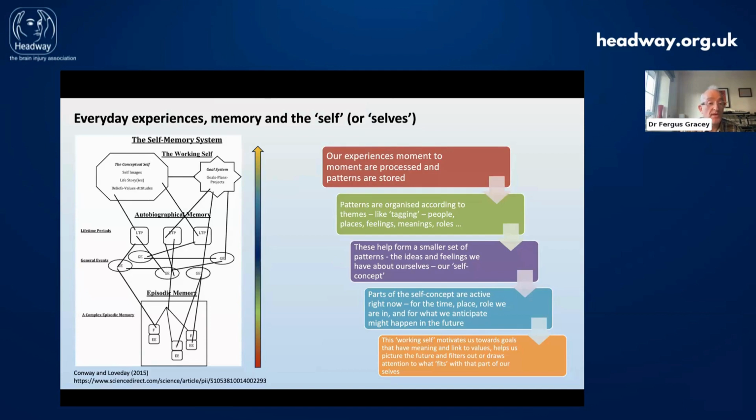His model, and others like it, basically say that the self comes from our autobiographical memories, and our autobiographical memories come from the experiences we have in our everyday life. This is what the graphic on the left shows. It shows our episodic memories, our memories of complex events in our everyday life, falling into a store of autobiographical memories across different lifetime periods and different types of event.